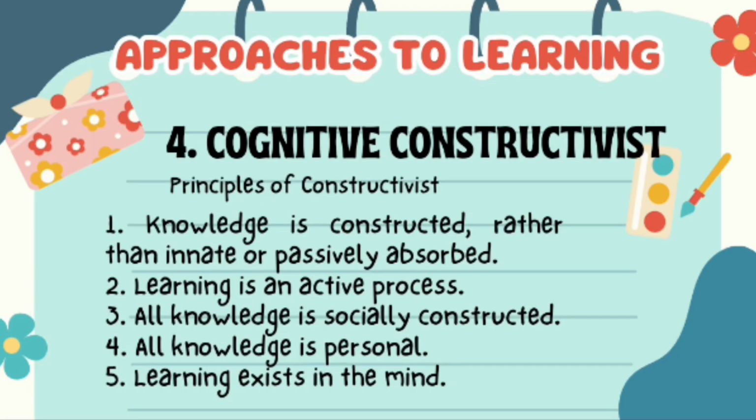Each learning theory provides insights into how students can effectively gain knowledge. As future educators, understanding these theories will help us design classroom strategies that are appropriate for different types of learners.